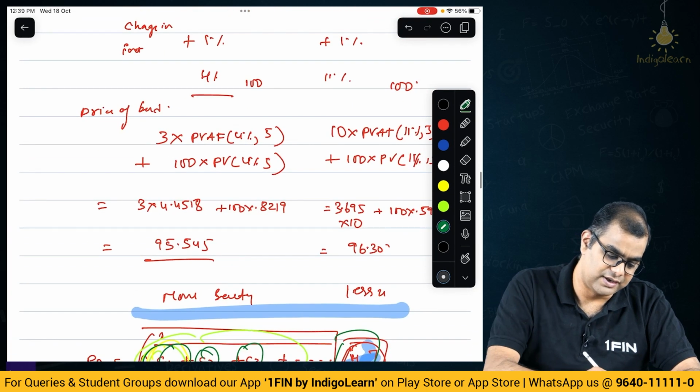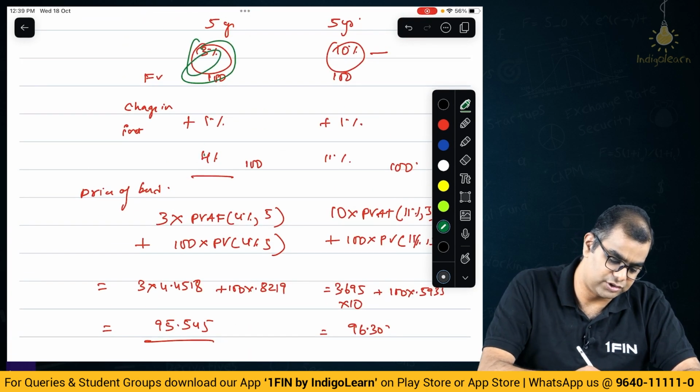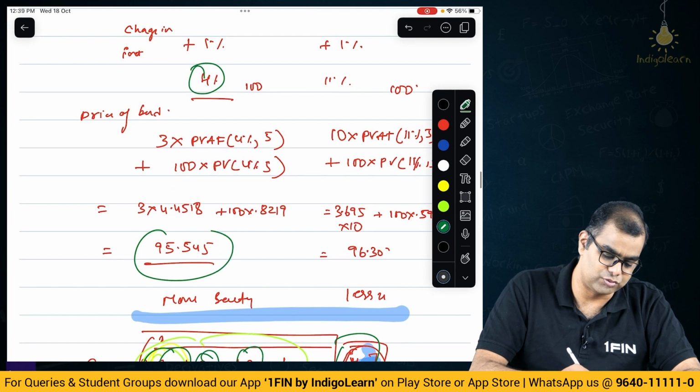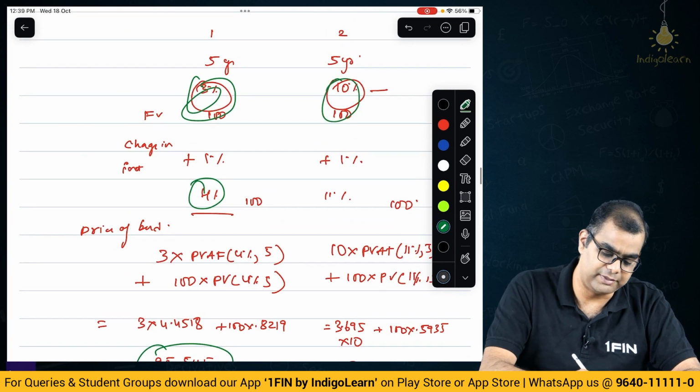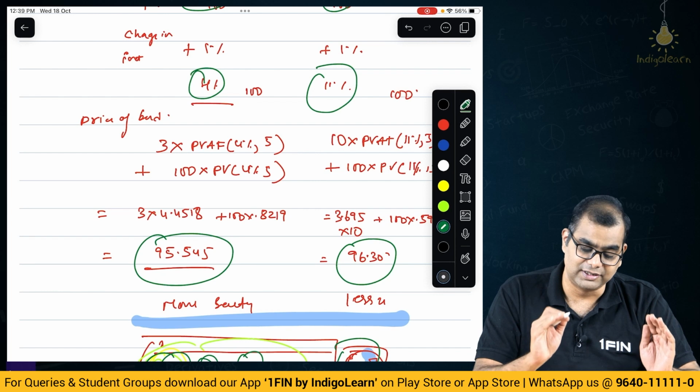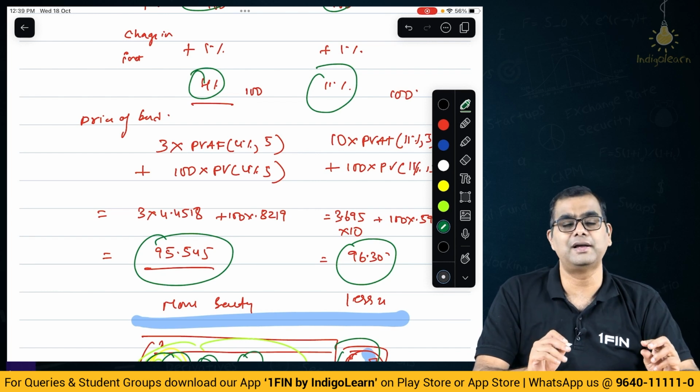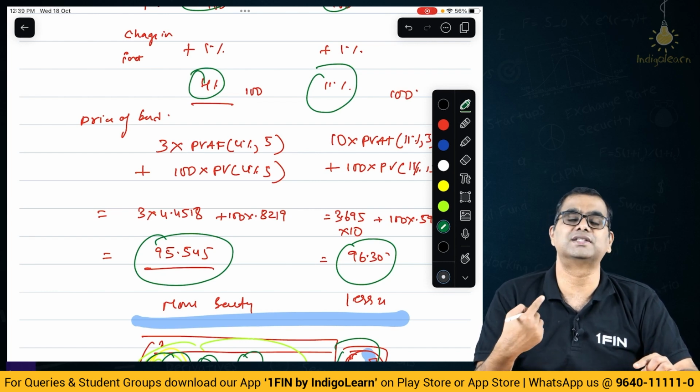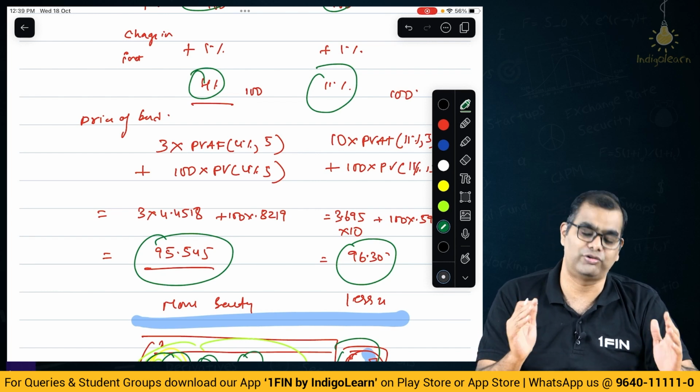This is what happens. When your interest rate changes from 3% to 4%, the price moves to 95, whereas from 10% to 11%, the price only moves to 96. There is a smaller change in the price of the bond when coupons are larger because they have more value.